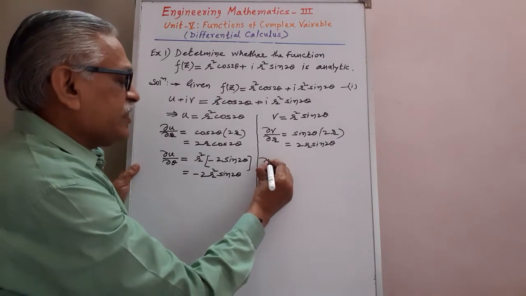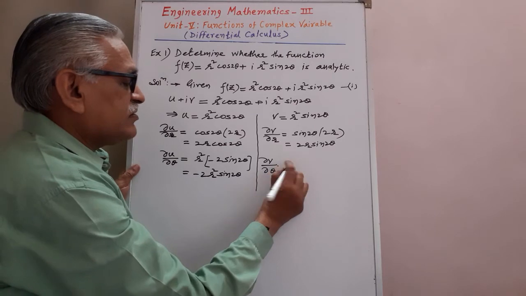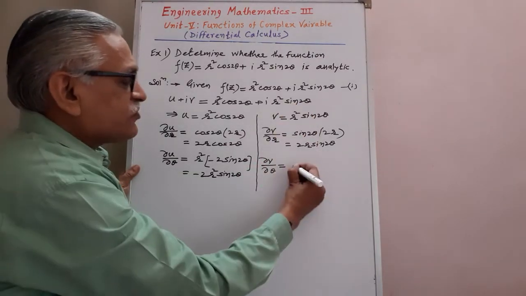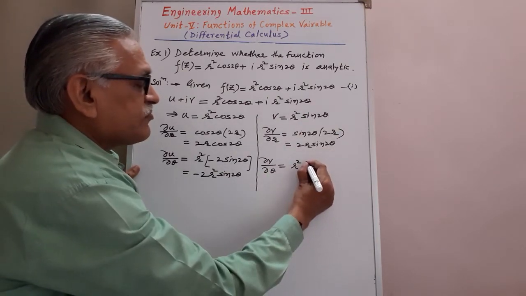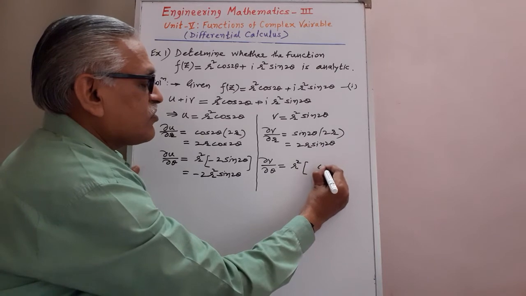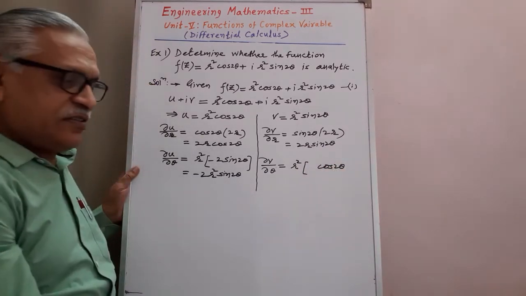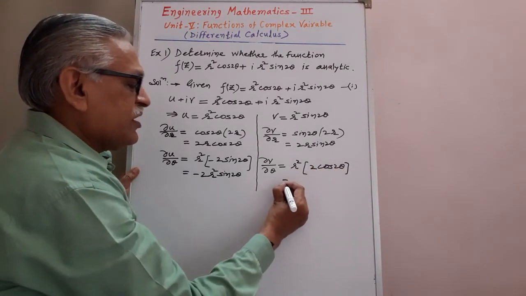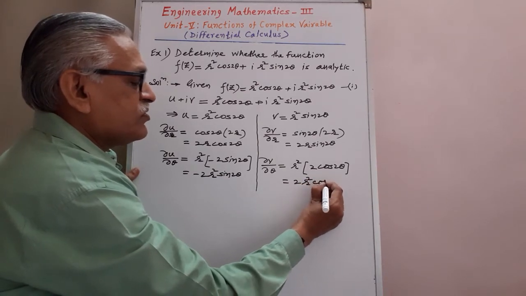Then differentiating v with respect to theta, keeping r constant, therefore r square is a constant term. Derivative of sin is cos of 2 theta. By chain rule, the derivative of 2 theta is 2 with respect to theta, and therefore it is 2 times r square cos of 2 theta.